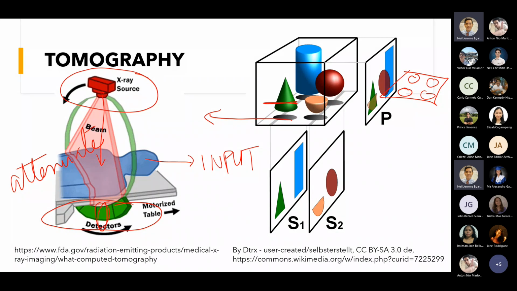Tapos kung dumaan siya sa soft tissue, mas maraming X-ray yung nakakatakas dun sa body, or mas malaking X-ray yung natitira at nakakarating dun sa detectors. So ang output dito ay yung amount nung X-ray na natira, or better yet yung attenuated X-ray. Gaano karaming X-ray yung nawala along the process. Right? Yun yung forward problem.